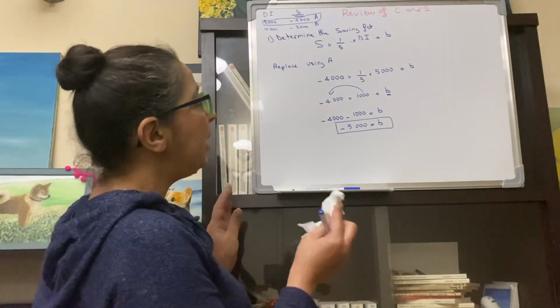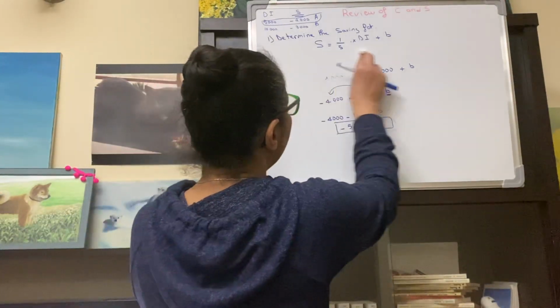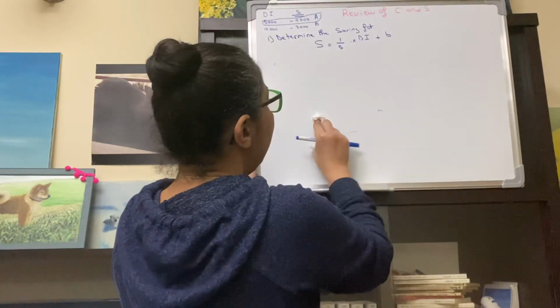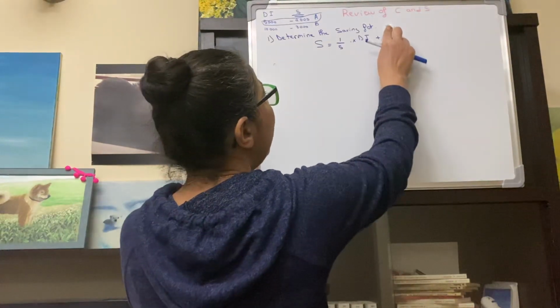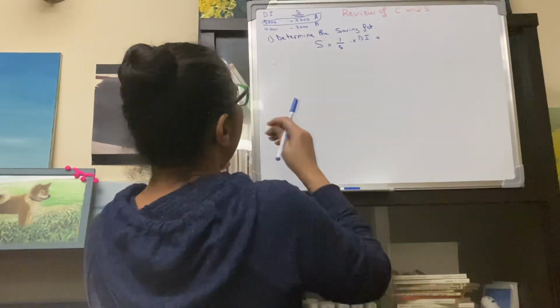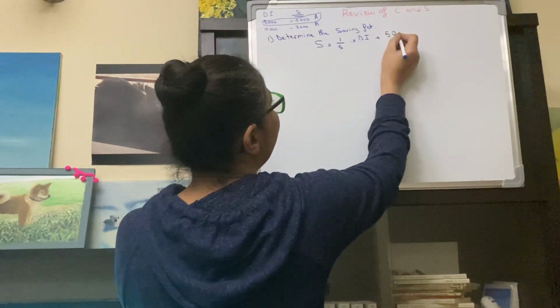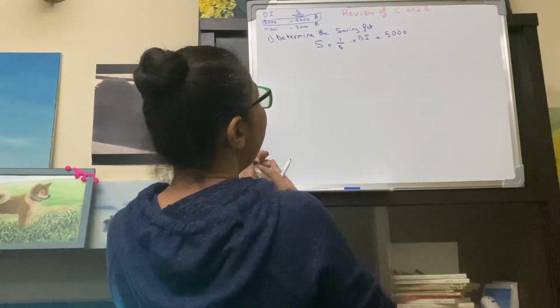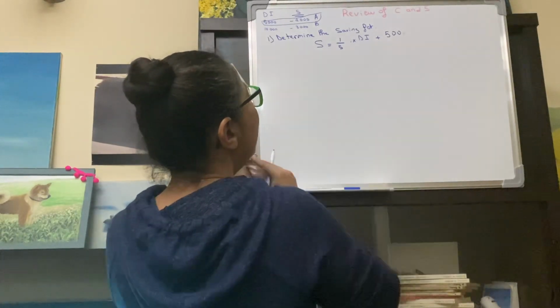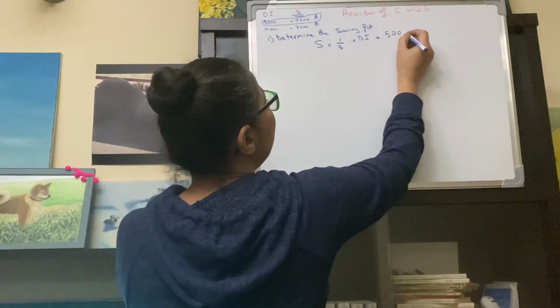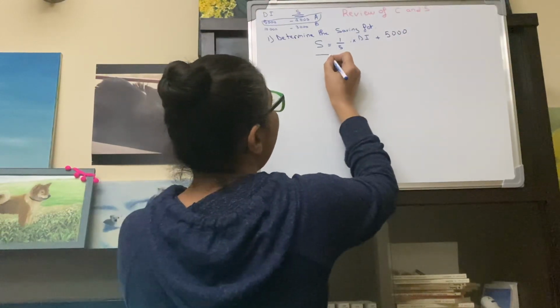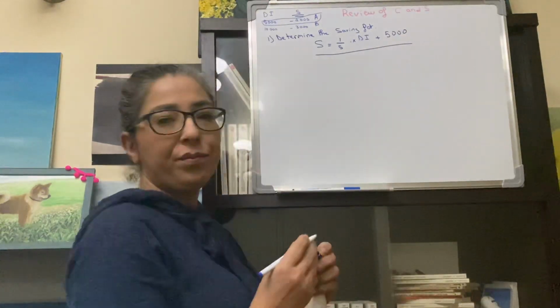Now I'm moving on. Now I found my b, which is minus 5,000. And here is my result. This is your answer. Okay?